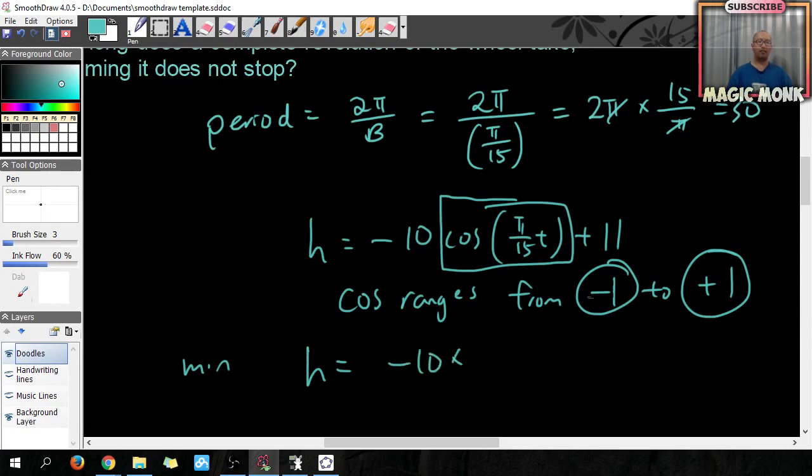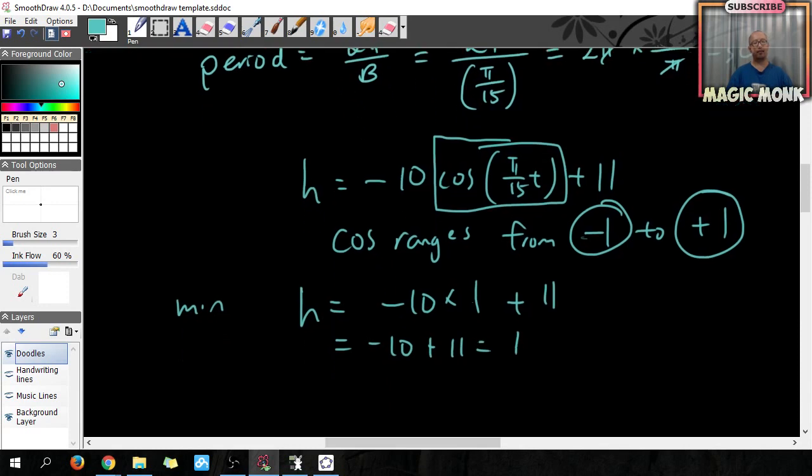Now if that was negative 1, that'll give you 10 plus 11, so that won't be the minimum. So the minimum will have to be times 1 plus 11. So that'll be negative 10 plus 11, which is 1 again. So you can say minimum h occurs when cos theta equals 1. Right, that gives you the minimum h value.